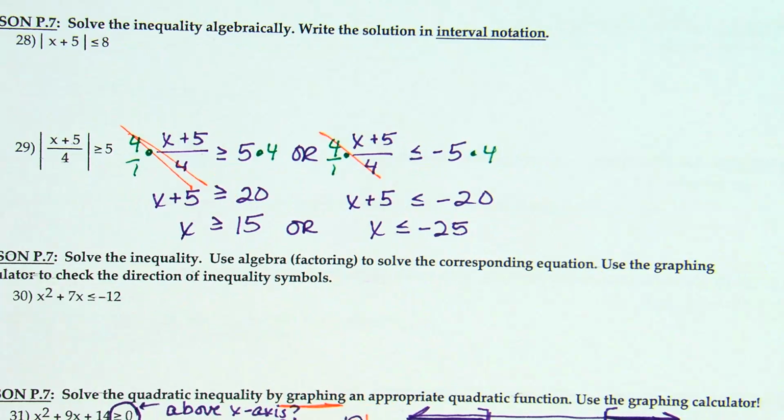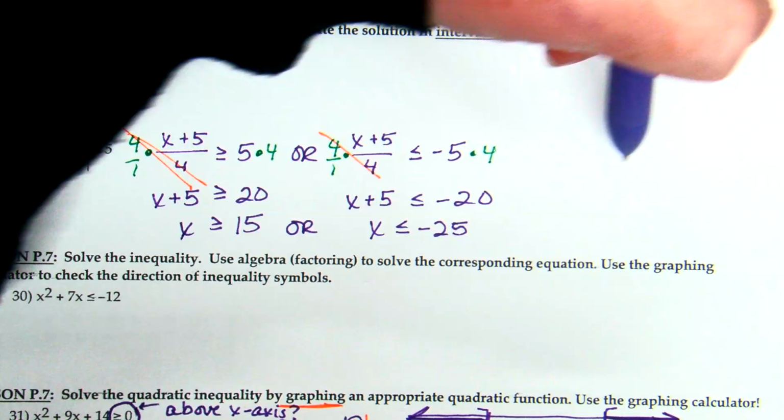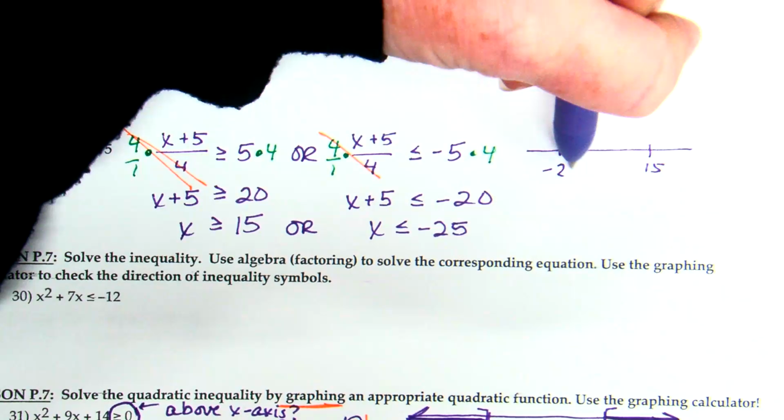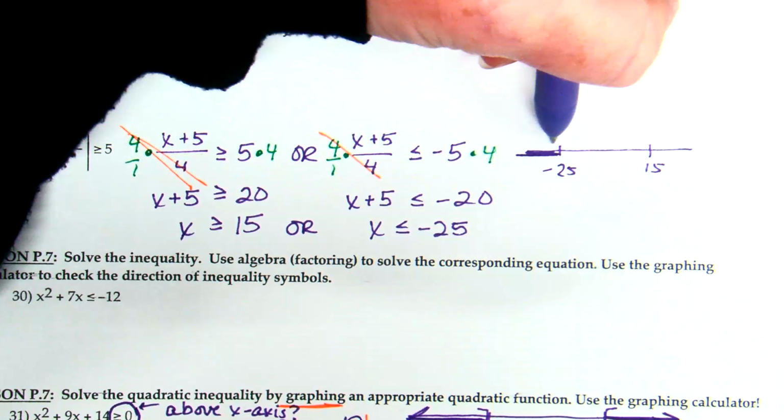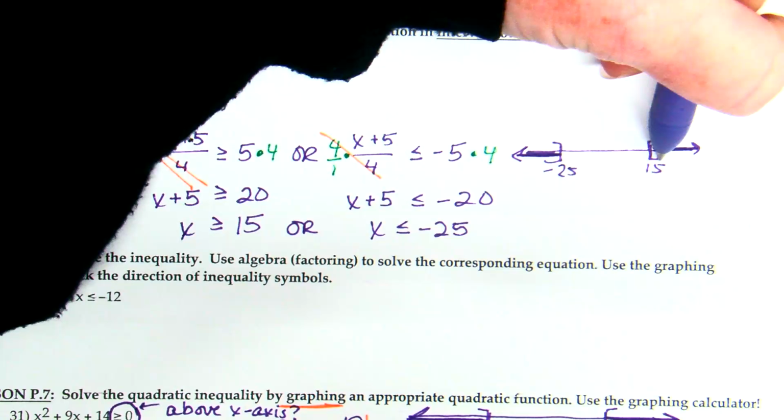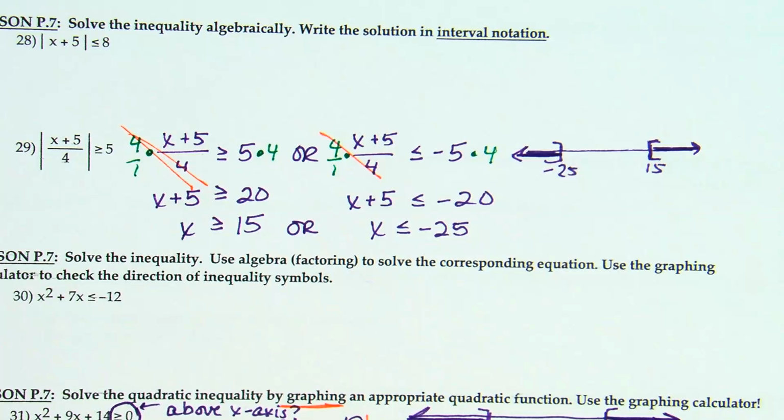Now, it doesn't say to graph it, does it? But if you need the visual, you can do a quick visual, can't you? There's 15. There's negative 25. We're going less than at negative 25. We're going greater than at 15. You don't have to have the graph, but if you need that visual to get your interval notation, there you go.